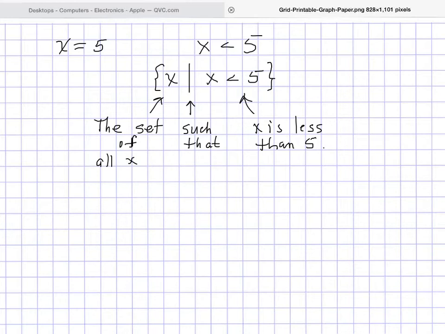Another way we identify our solution when we solve an inequality is called interval notation.